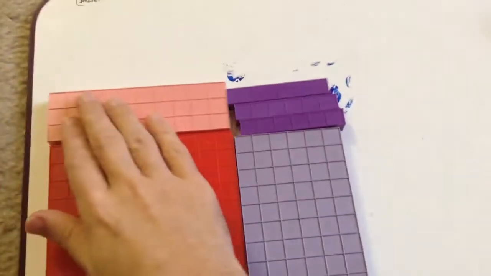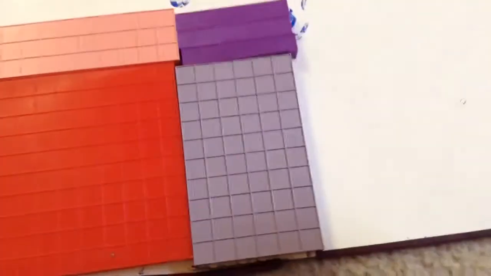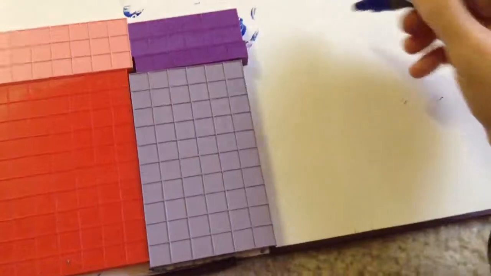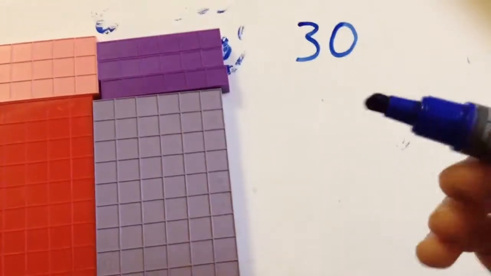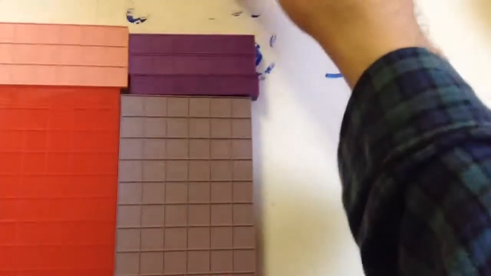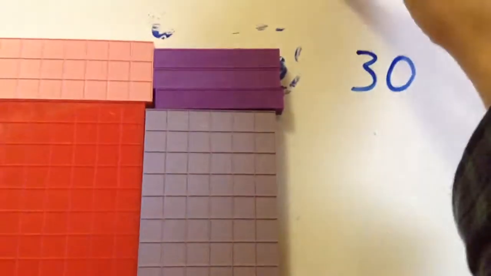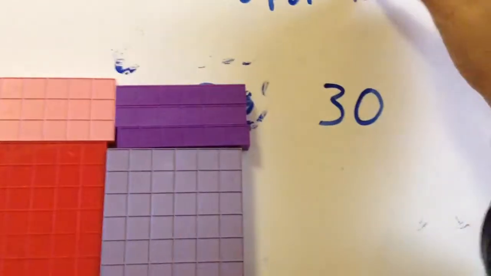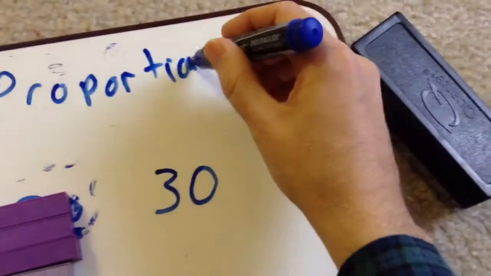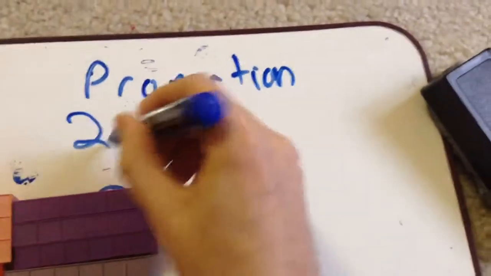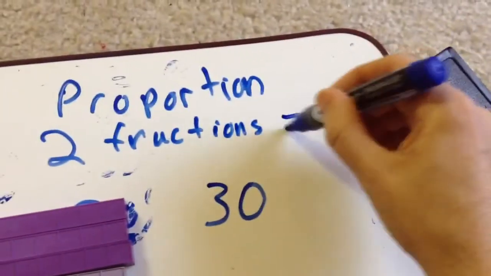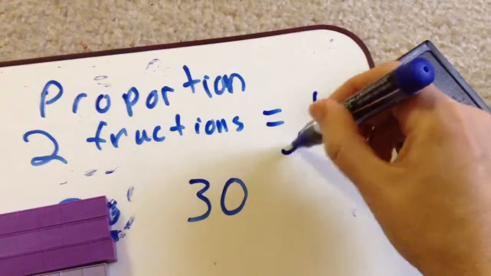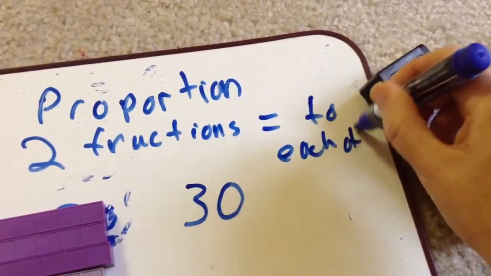Okay. So if we were going to use numbers, all right, what do we have on top? We have 30. Okay. And what I'm showing you now is how to set up a proportion. A proportion is two fractions that are equal to each other.